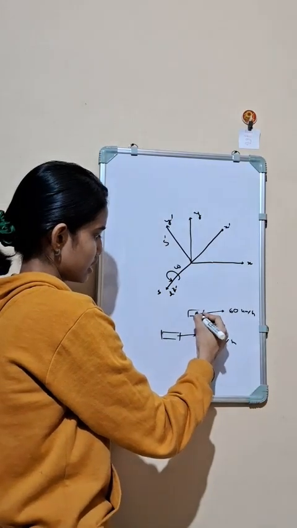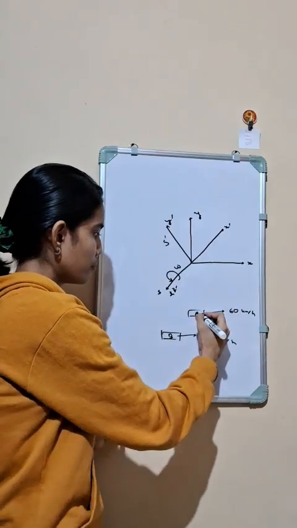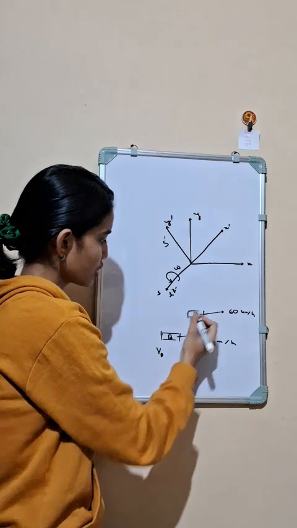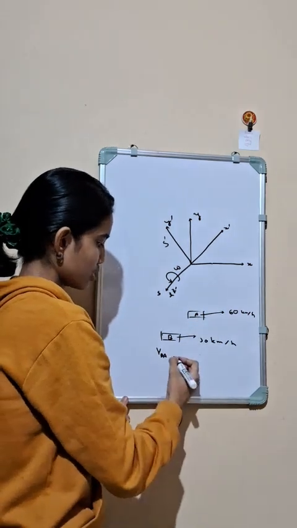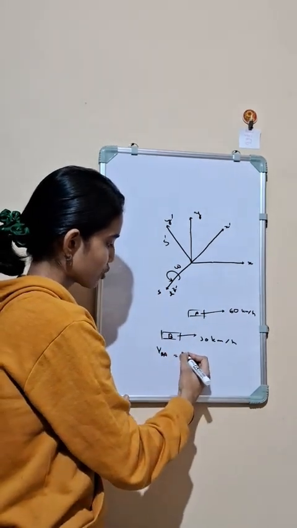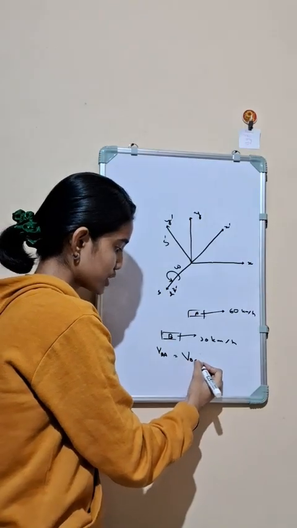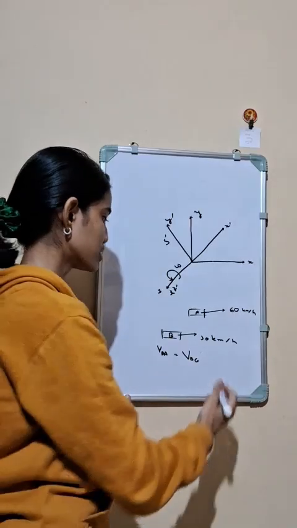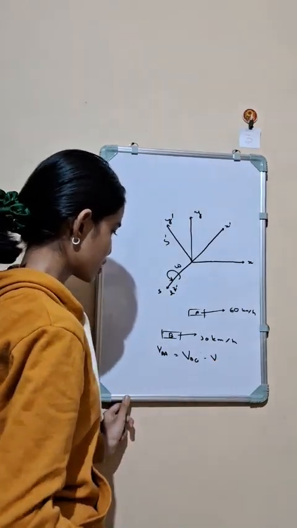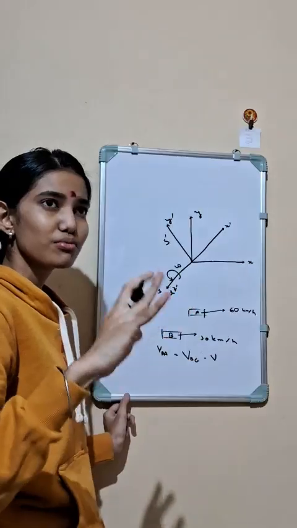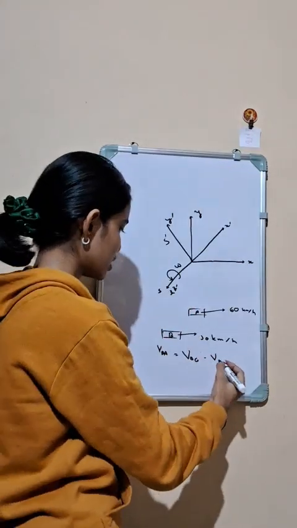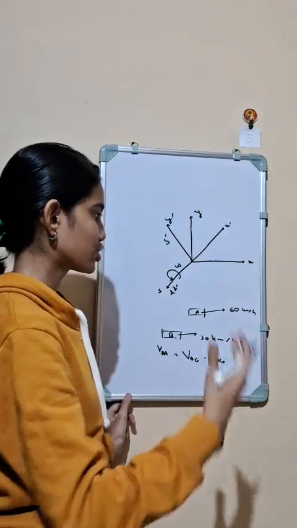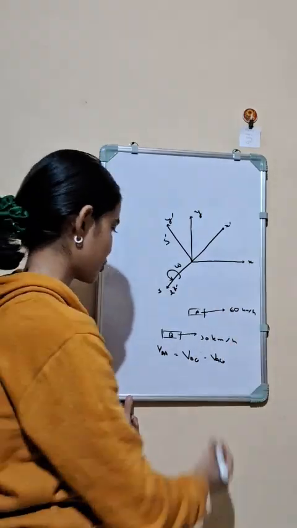Let us say this is A and this is B. I am trying to find the velocity of B with respect to A. So the velocity of B with respect to A will be the velocity of B with respect to the ground, meaning from an inertial frame of reference, minus the velocity of A from the ground frame, meaning the actual velocity with respect to the ground.